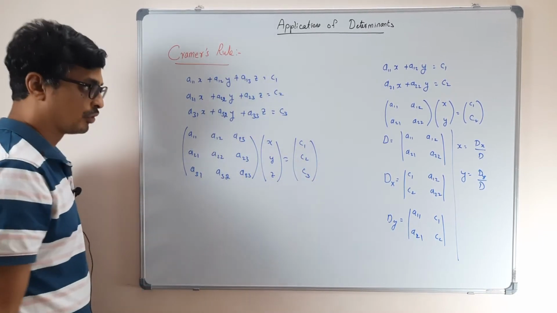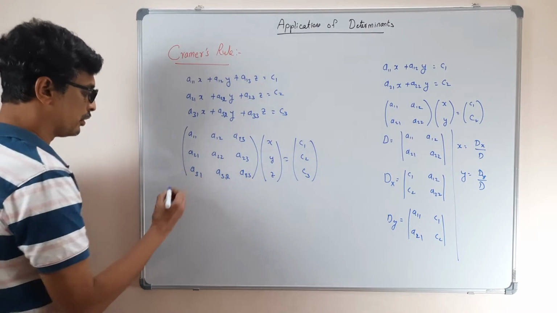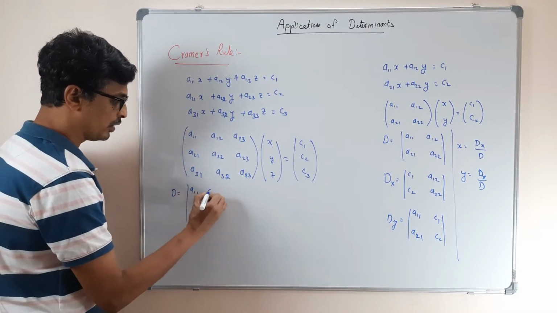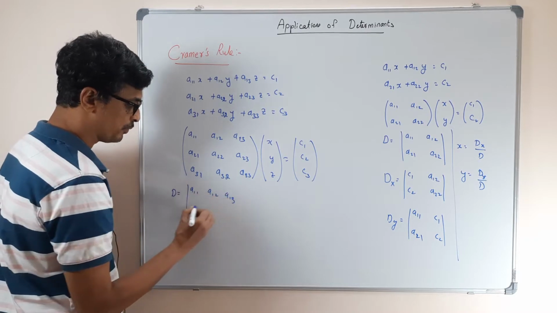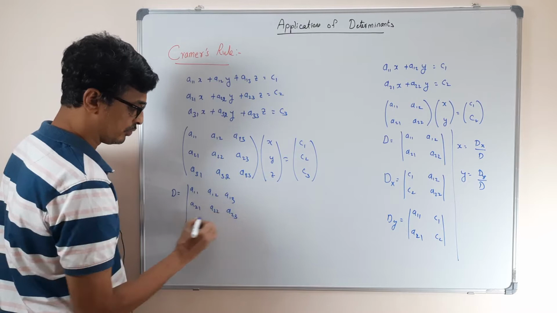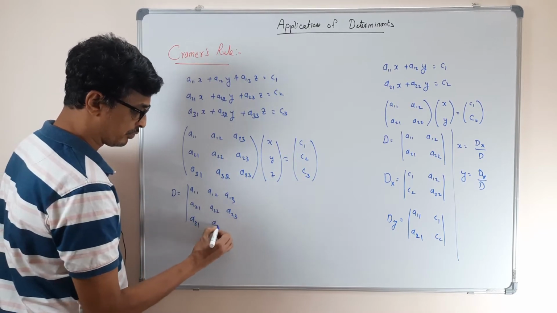After defining that, we have to define the determinant. D will be A11, A12, A13, A21, A22, A23, A31, A32, A33.